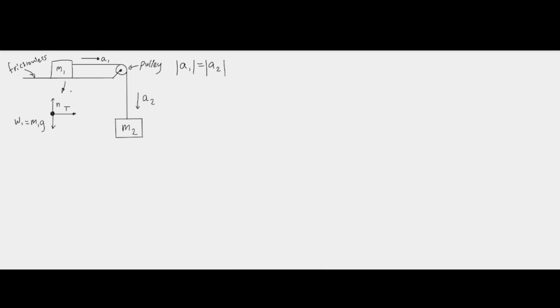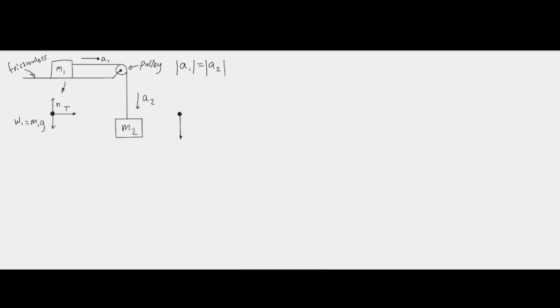And now we can look at the second object, M2. What are the forces that are acting on M2? I'm going to represent M2 here with another dot. We have another weight force that is pulling downward. We don't know if these are equal masses, so it could be greater than or less than the weight force of mass 1.